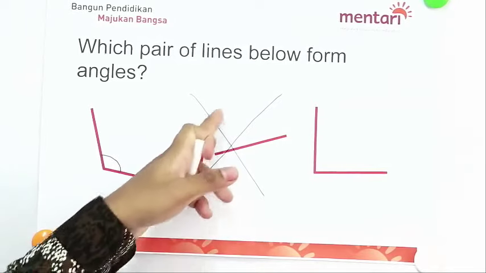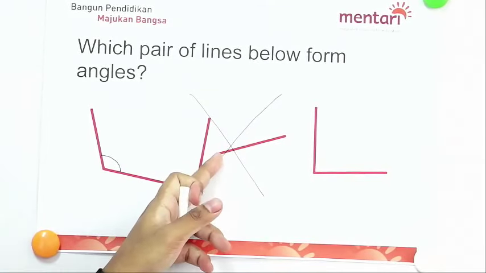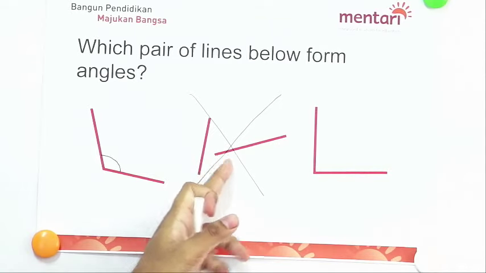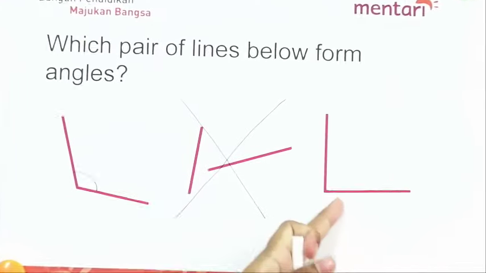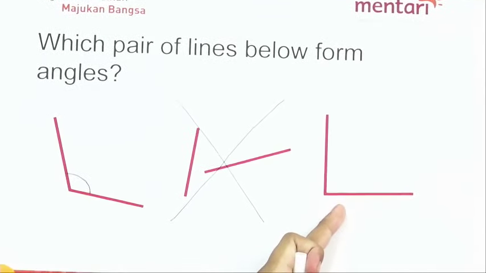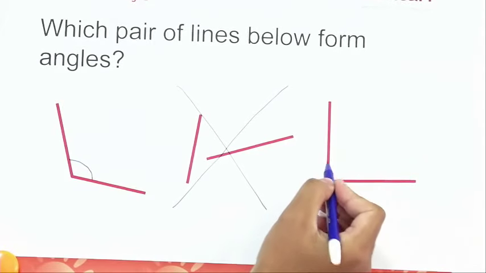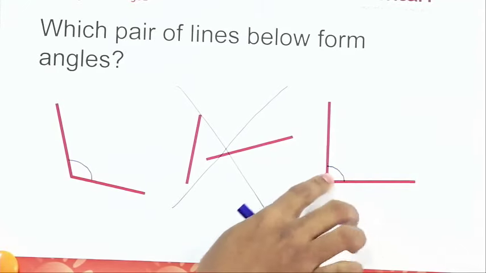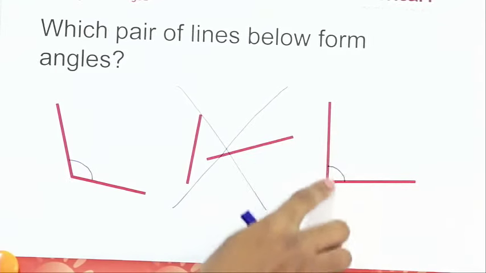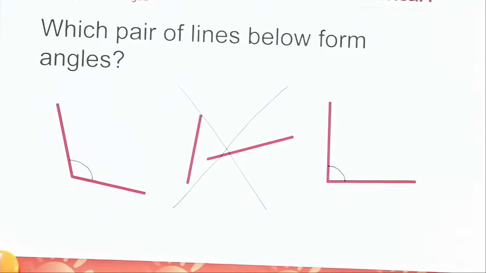Because those lines, the first and the second lines, do not meet each other. What about the third pair of lines? Is it an angle? Yes, this is an angle, because we see the meeting point, yeah? The angle is here. There are 2 lines, and the 2 lines meet at a point.